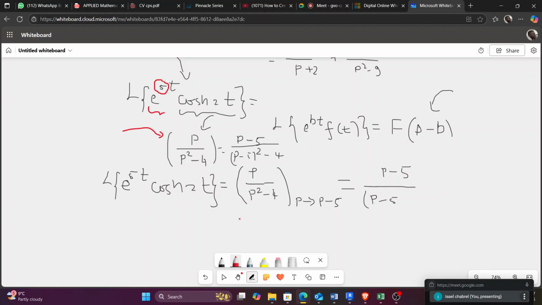This is just a proper way of writing it to show that, first of all, I have this solution of the Laplace on its own. Now, I will be substituting where there is P by P minus 5. Am I making sense, you see? I think so. For the others, is it fine?